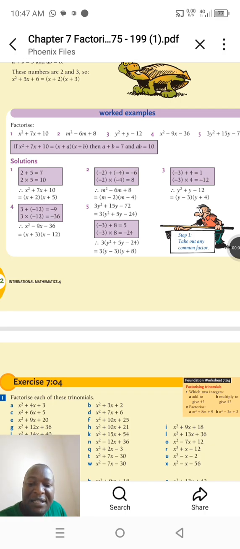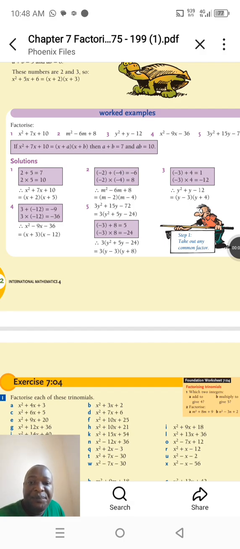So two numbers that give us a product of 10 and a sum of 7, and 7 is the coefficient of x. Those two numbers are 2 and 5. So to factorize the expression, we take x, which is the variable, plus one of the numbers, which is 2, into the variable x plus the second number 5. So x plus 2 into x plus 5 becomes the factorized format for that expression.